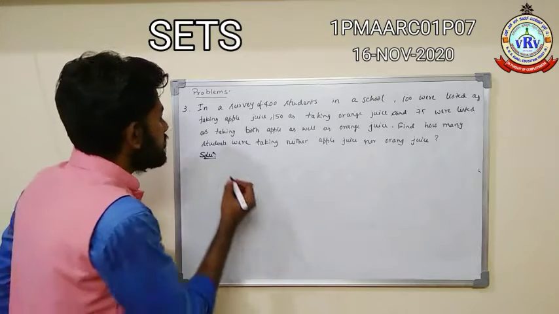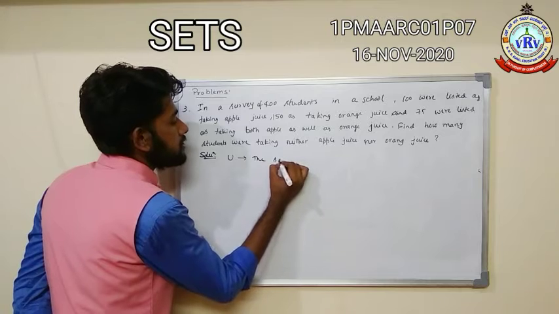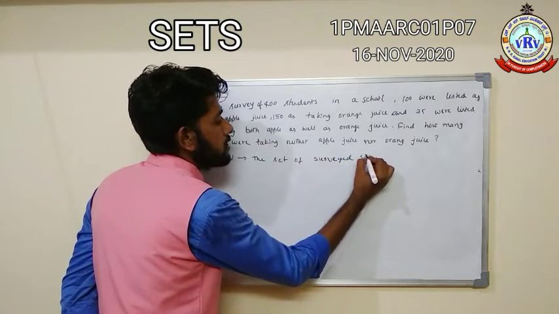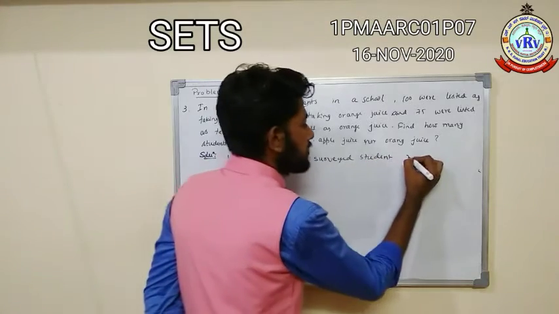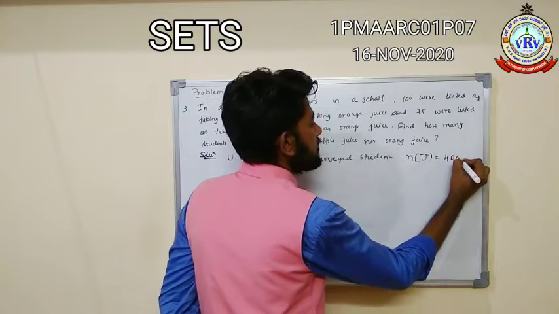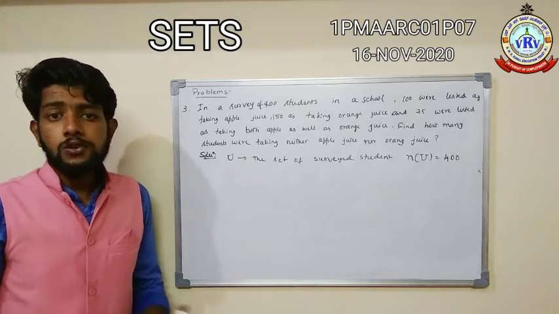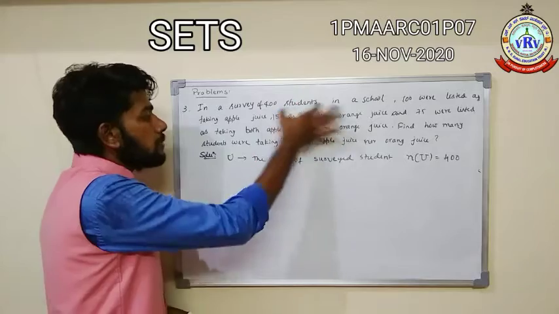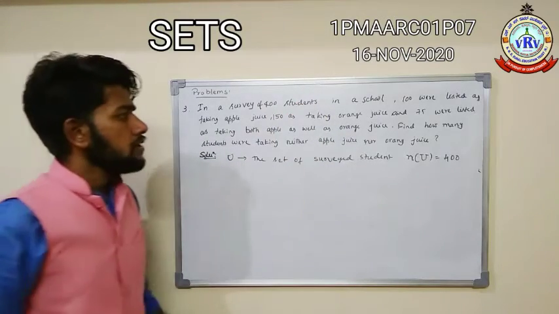The universal set is the set of surveyed students. The number given, n of U is equal to 400. In the earlier cases they did not mention the universal set. Here they are giving the number of elements in the universal set in a school.